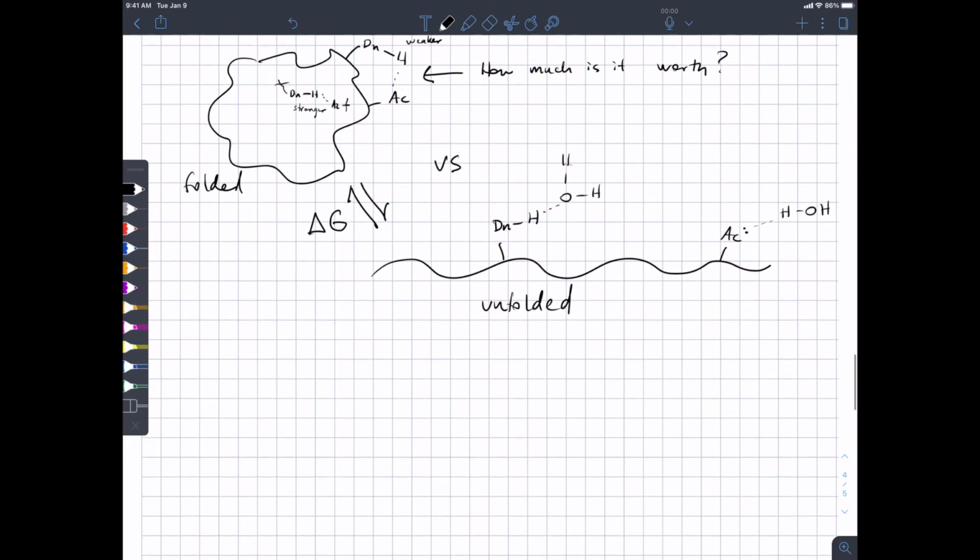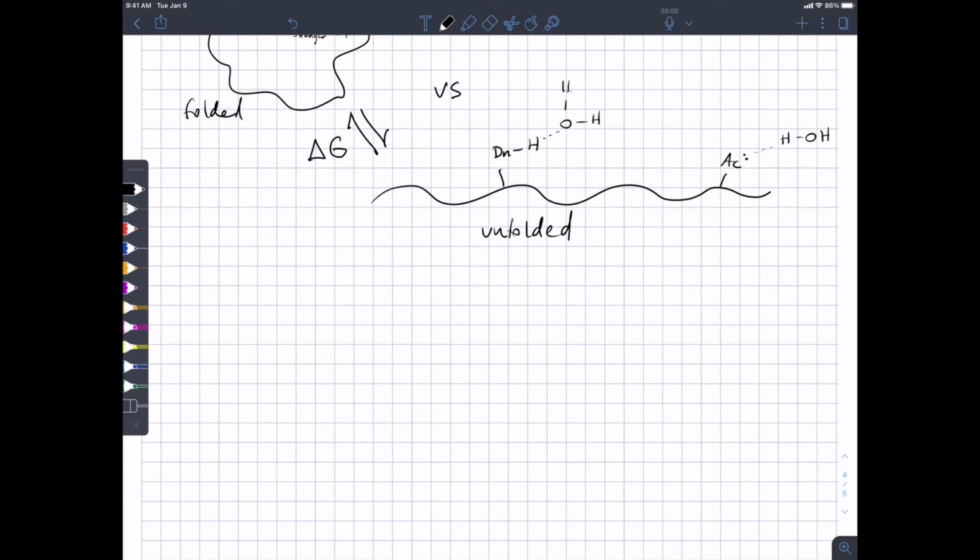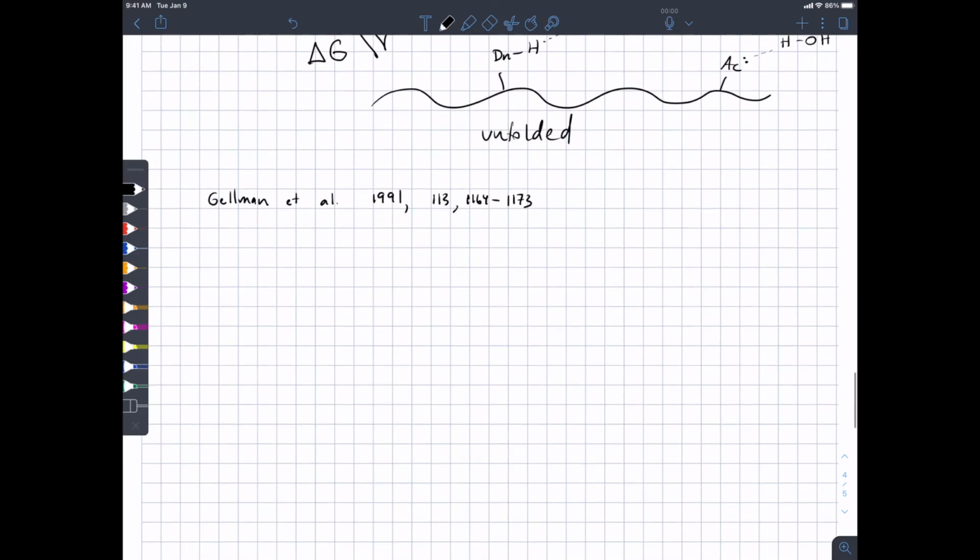There are other ways you can measure the strength of a hydrogen bond. This example comes out of Sam Gellman's group in the early 90s. This is actually what got Sam tenure at the University of Wisconsin, these early hydrogen bond studies. He used infrared spectroscopy to tease out some things about hydrogen bond strength, and he made this model system in which only one hydrogen bond was possible.